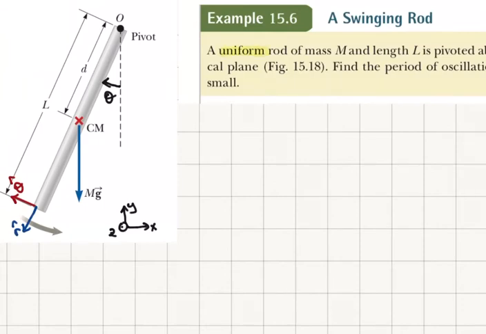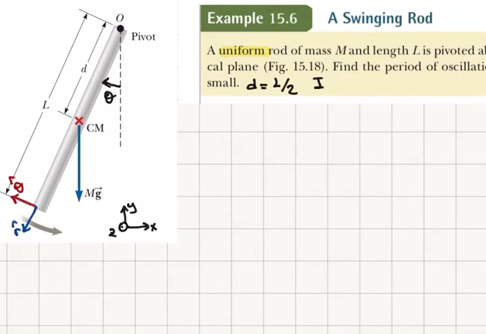So what I find here is that I have the gravitational force that is going to give me a torque with respect to this pivot point. And the next thing I noticed here is that it's a uniform rod. So that tells me that d, the distance between the pivot point and the center of mass, should be equal to L over 2.